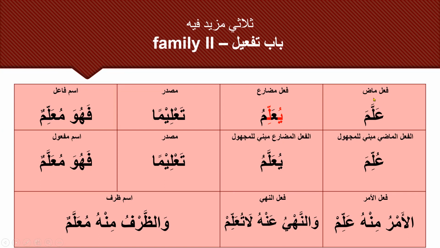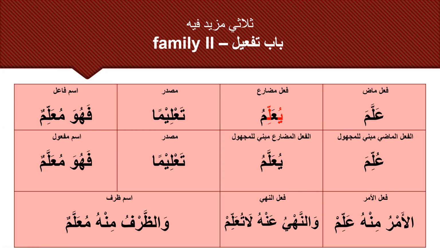Because it is fi'l madi, so that is why we are saying in the past tense, he taught. Whoever is teaching or whoever taught is fahuwa, so that means he is a mu'allim. He is a teacher. Inshallah we are going to learn the meanings of each and every word, but for now, we are just learning how to put all the words in our template of the Sarf Sagir chart.